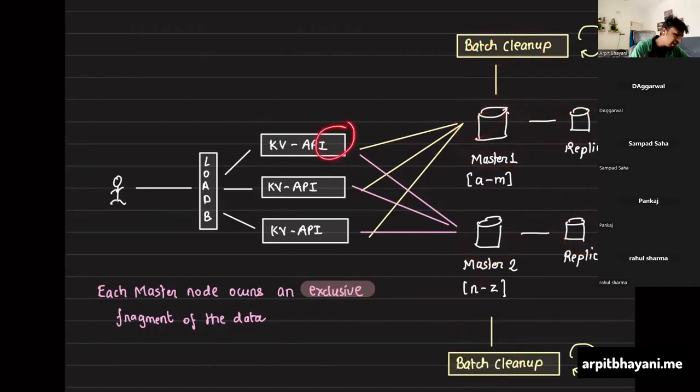Right? KV API will have connections with masters and replicas. Using intelligent balancing you can minimize one API server having connections to all these databases, but that's a different problem. The idea here is that your KV API knows which database holds what range of data.